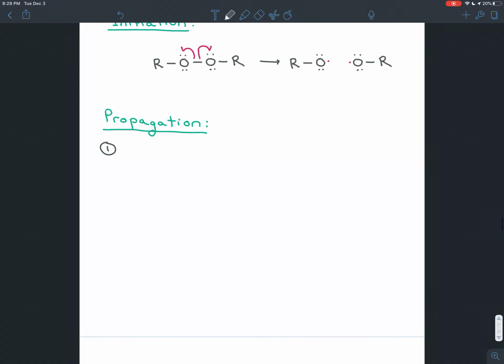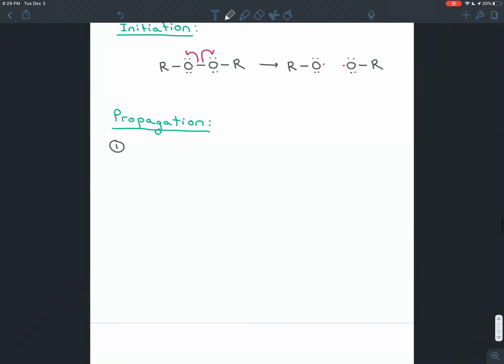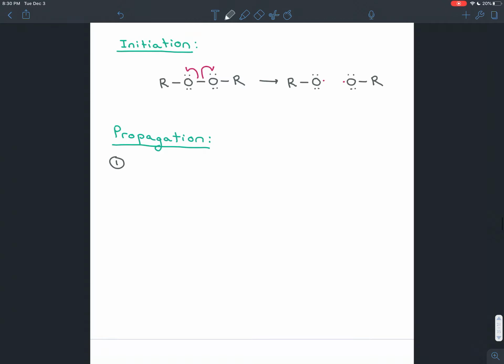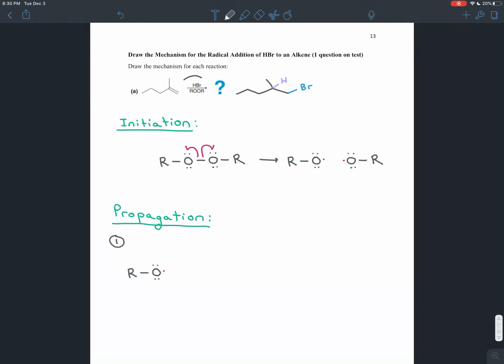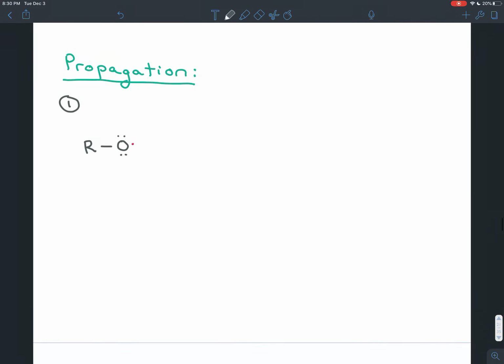Now we're going to do the propagation, and there are actually three propagation steps total in the way I'm going to organize this. So in the first one, we take one of the oxygen radicals that we made, and we're going to react that with the hydrohalogen that we have. So we have a hydrogen, in this case the halogen it's bonded to is the bromine.